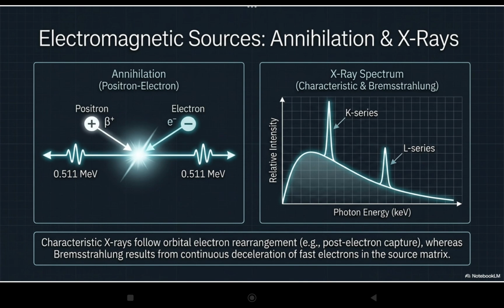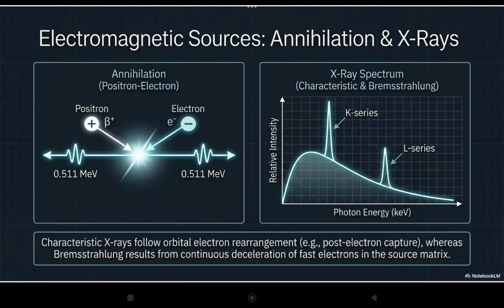Two other important electromagnetic processes are annihilation radiation and X-rays. In positron-electron annihilation, the positron and electron convert their mass into two photons of 0.511 MeV each, emitted in opposite directions. That is the physical basis of PET imaging. X-rays, on the other hand, may be characteristic or Bremsstrahlung in origin.